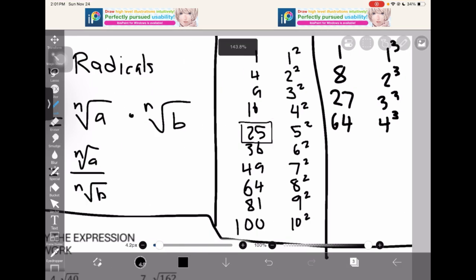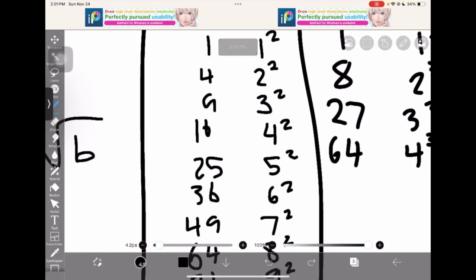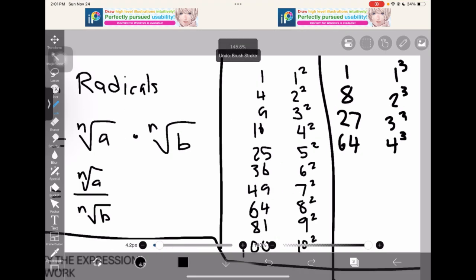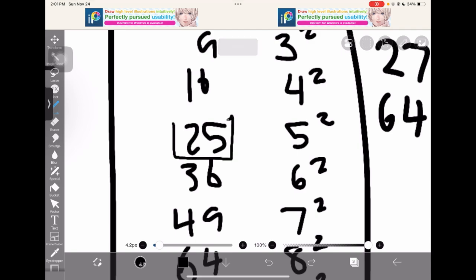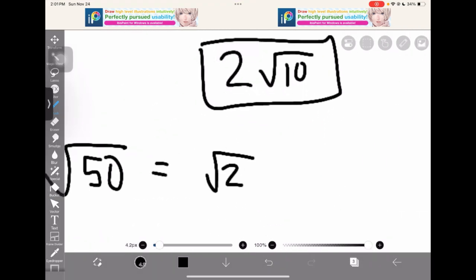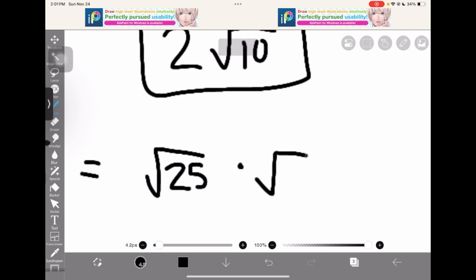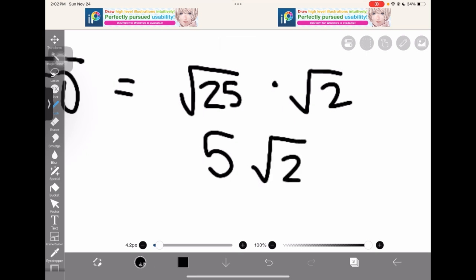By the way, if a number is divisible by more than one perfect square, it's always best to pick the bigger number. Anyway, we don't encounter that here. So it's just 25, which means it's equal to the square root of 25 times the square root of 2. And there we have it. Just make it 5 square root of 2, because the square root of 25 is 5.